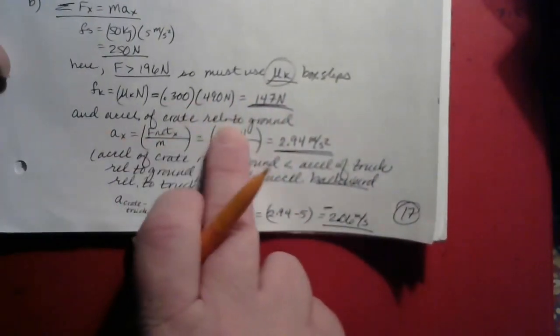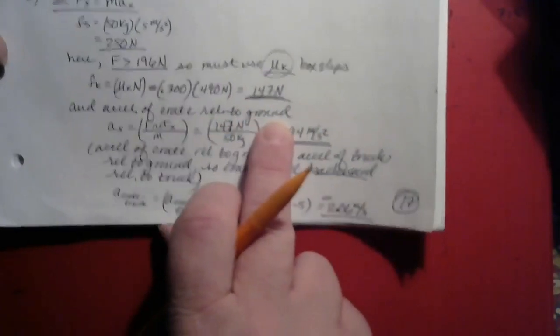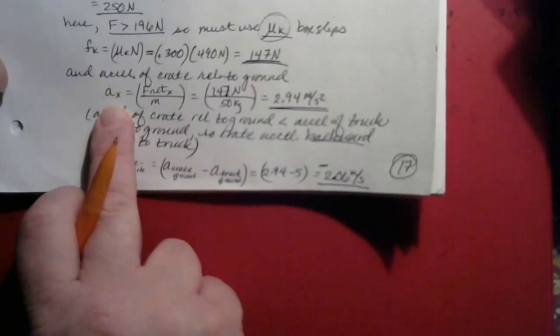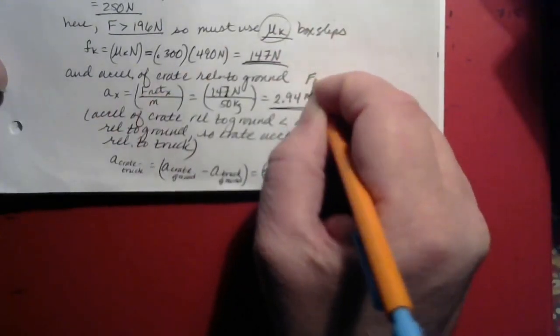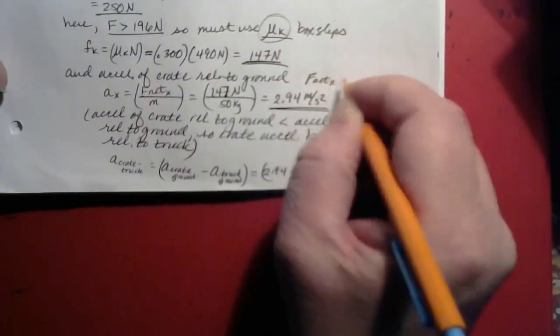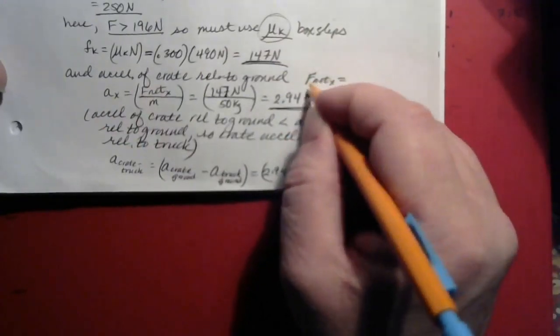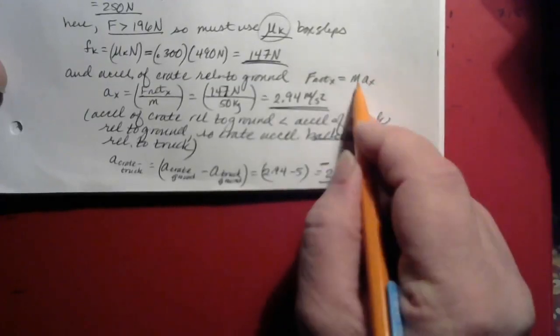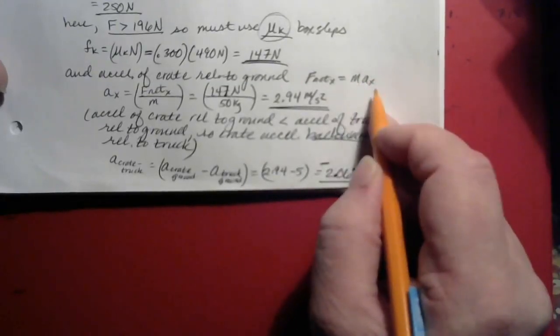If you wanted to find the acceleration of the crate relative to the ground, then all you have to do is find, from the equation, the net force in the x direction is equal to the mass times the acceleration in the x direction.